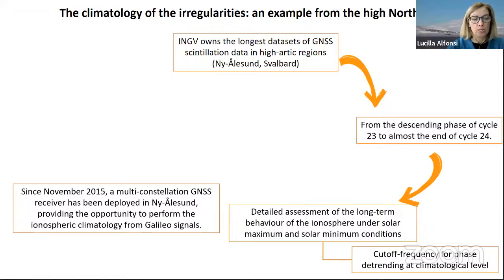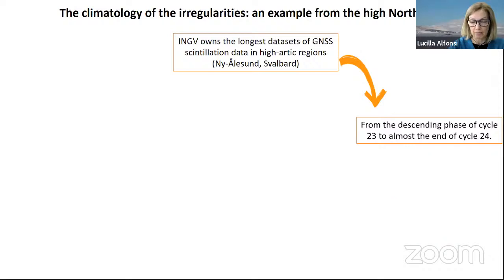We have also exploited a more recent possibility to explore the data collected by a multi-constellation GNSS receiver that was installed in the same location at the end of 2015. And we have stressed our assessment by trying to understand what is the actual weight of the choice of the cutoff frequency for the phase detrending at climatological level.